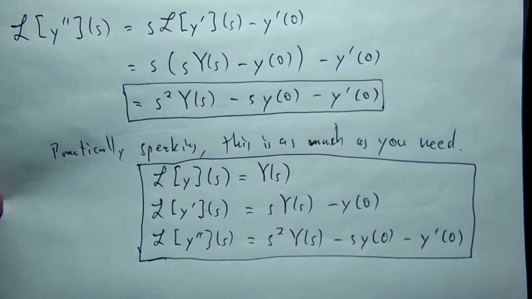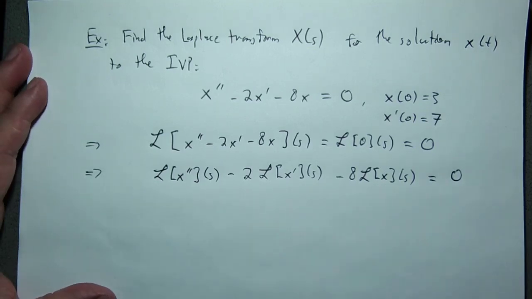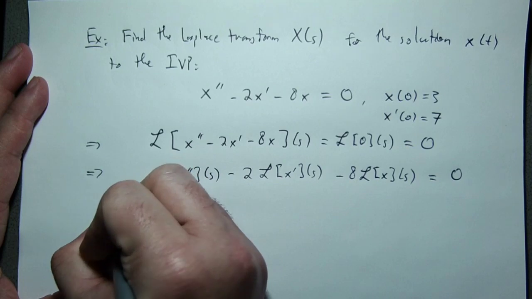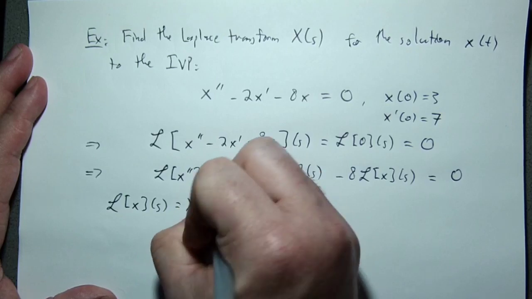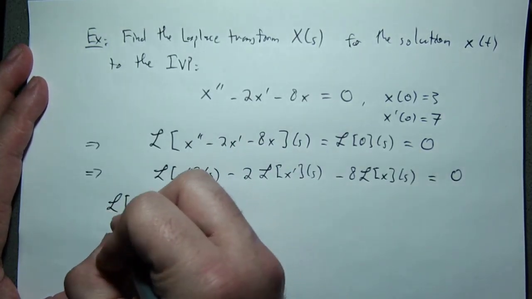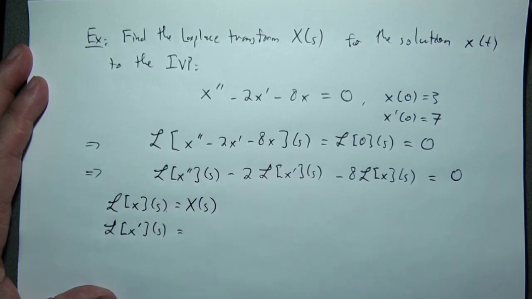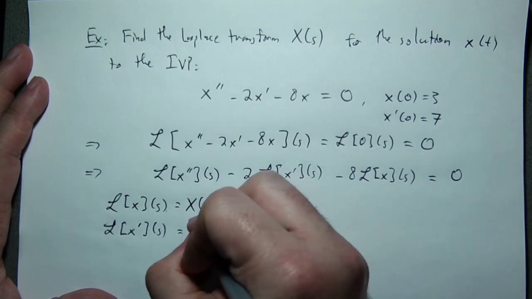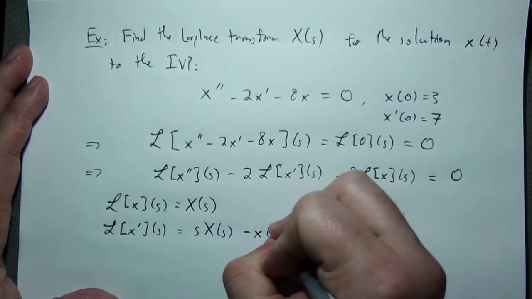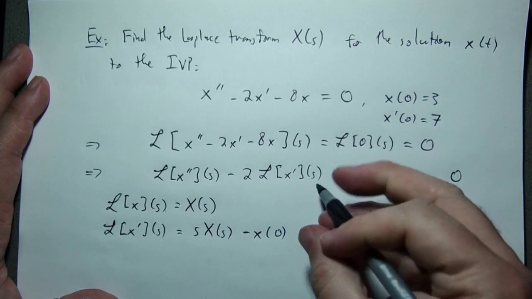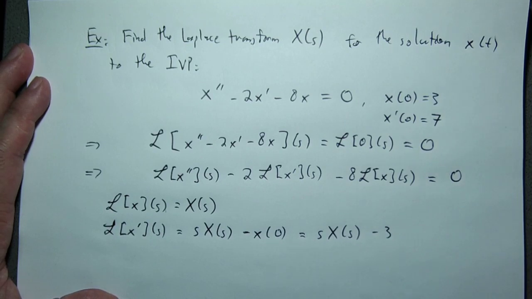So using these three identities and the same notation, I have that the Laplace transform of little x of s is what I call big X of s, right? And the Laplace transform of little x prime of s is then what? It is s times big X of s minus little x of 0, but x of 0 is 3. So this is s times big X of s minus 3. Okay.